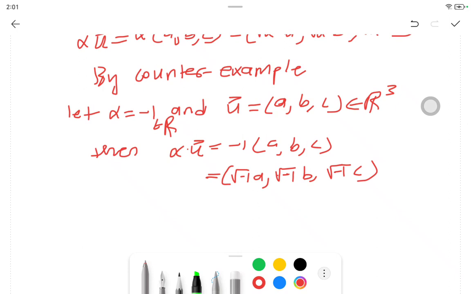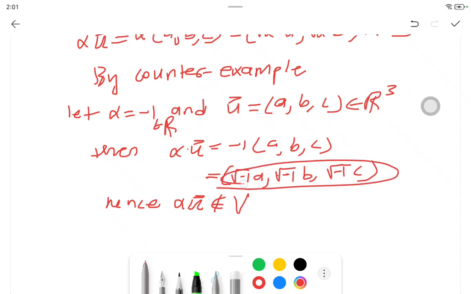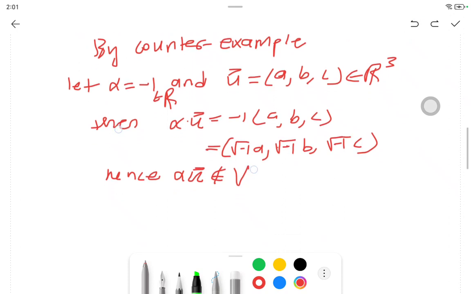So now we see that hence this will not be an element of V, because this won't now be an ordered triplet. So it won't be in V.